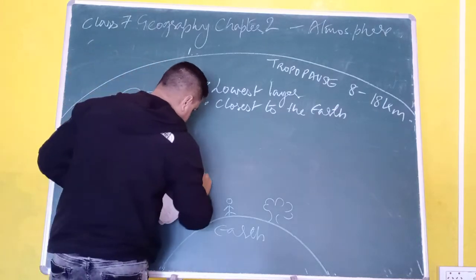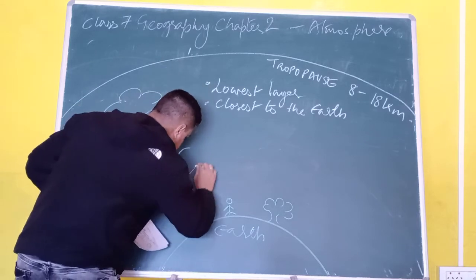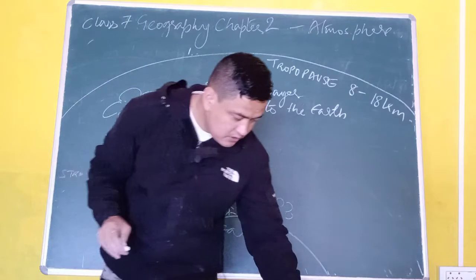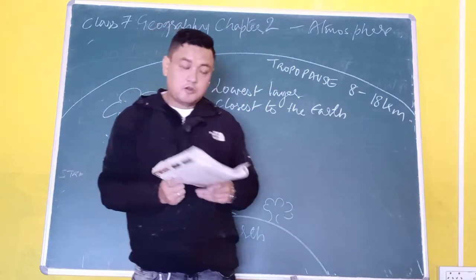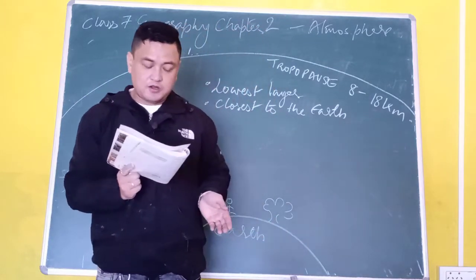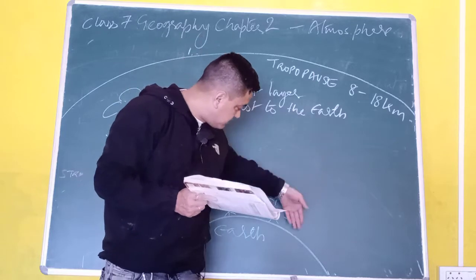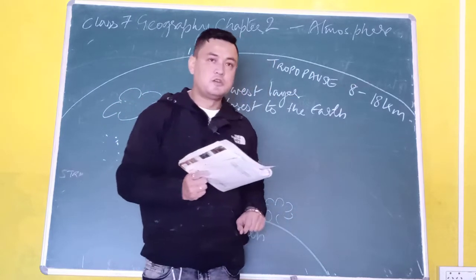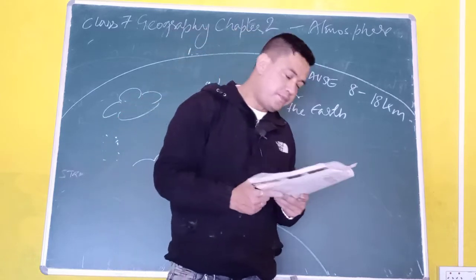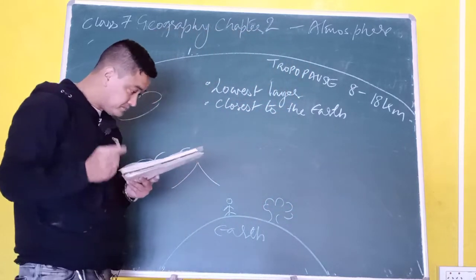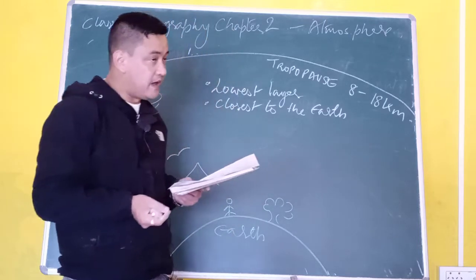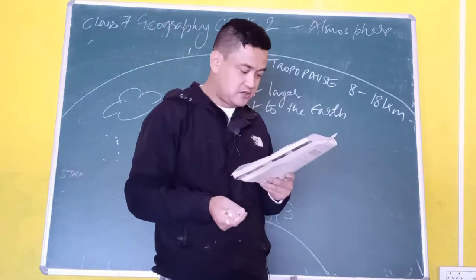I'm making mountains also. Now, if you look at this troposphere, it starts from the earth and ends here. Their respective distance from the earth is from 8 to 18 kilometers.